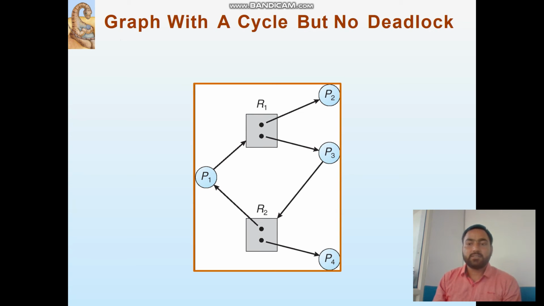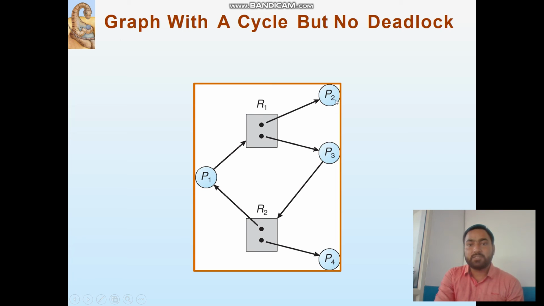This is a resource allocation graph with a cycle. A cycle is there between resource R1, process P3, resource R2 and process P1. It is a cycle, but there is no deadlock because resource R1 has two instances. One is assigned to P2 and another is assigned to P3.